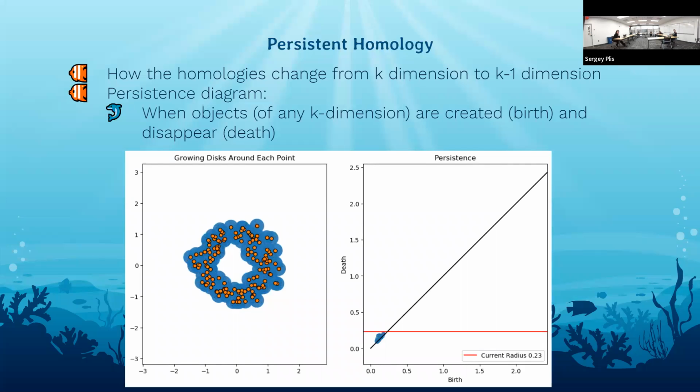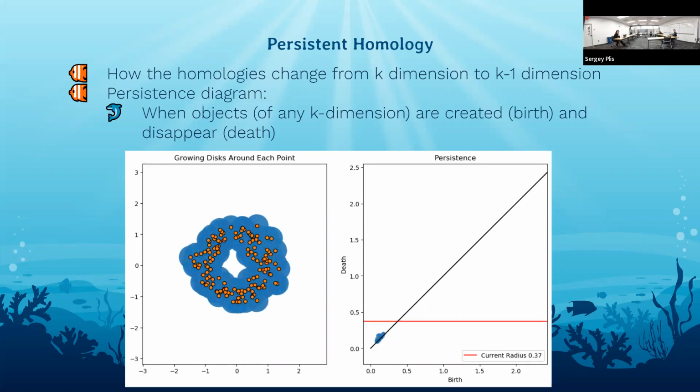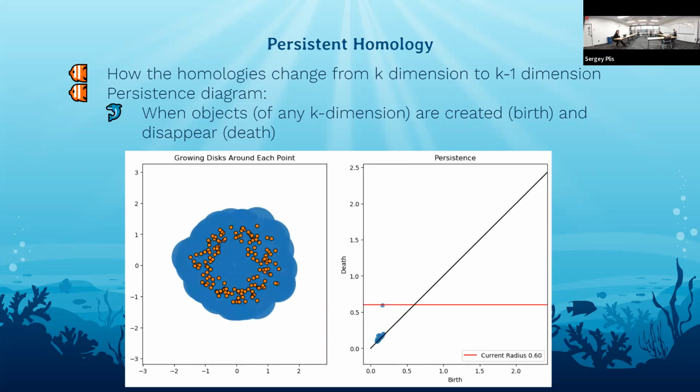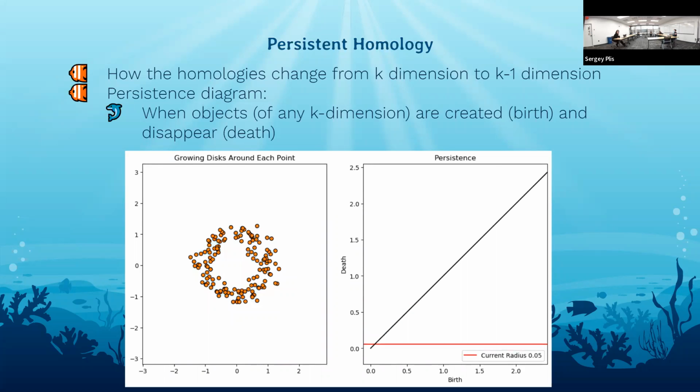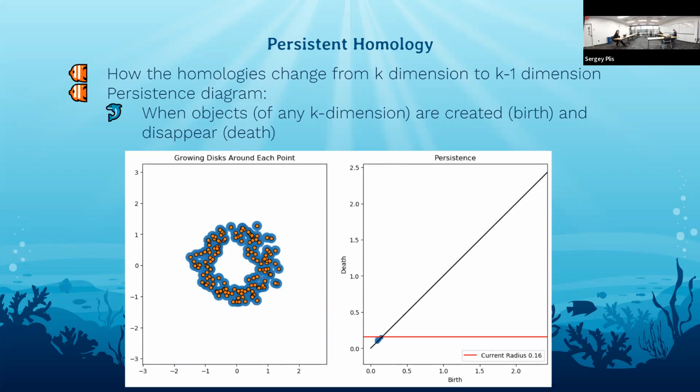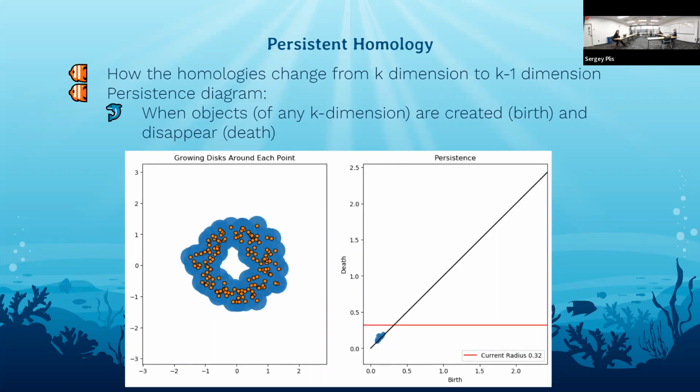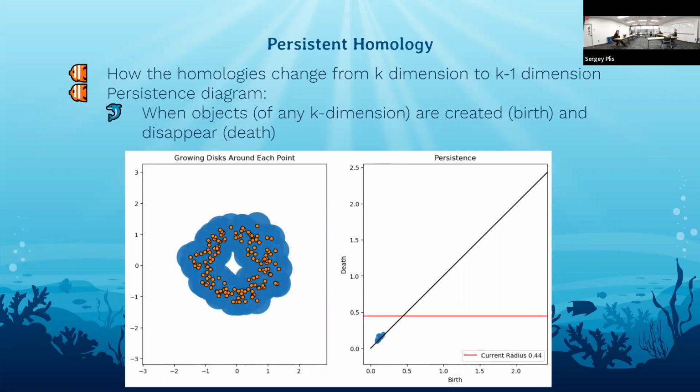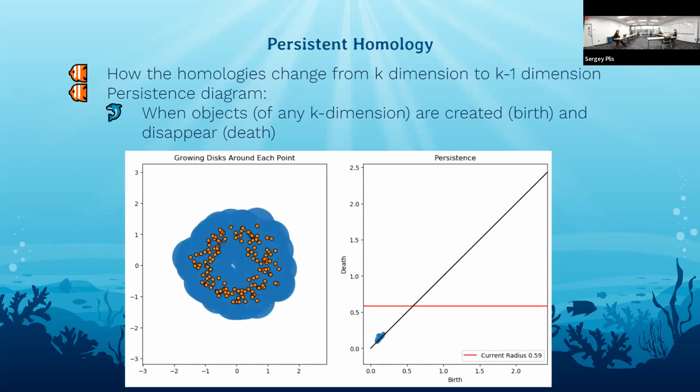And so that's why you see new objects being created along the x-axis, which is the birth. So at radius, let's say, 0.03, new objects are being created. At radius, I guess 1, at radius 1, all of the objects die except for this last disk.